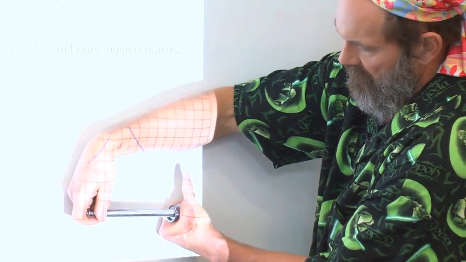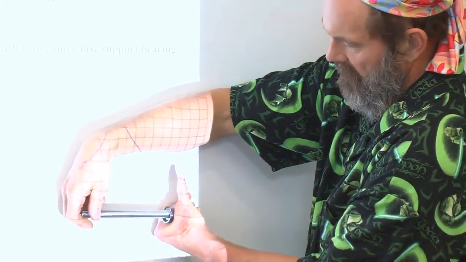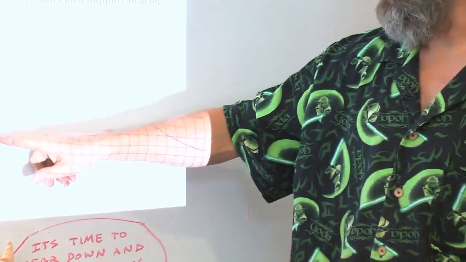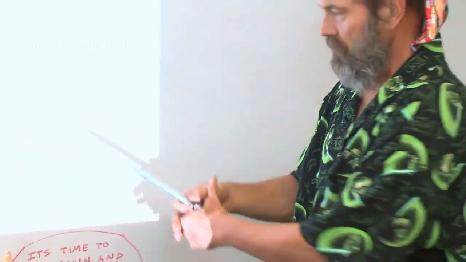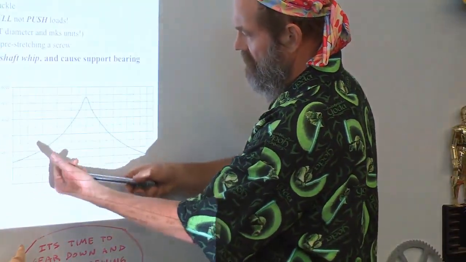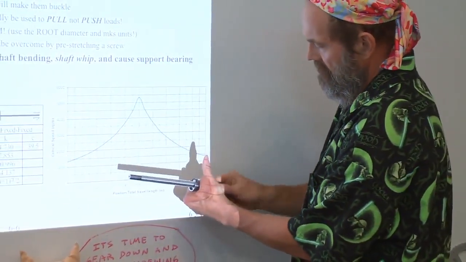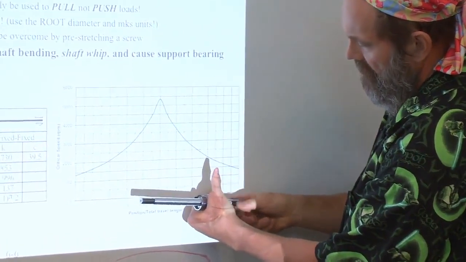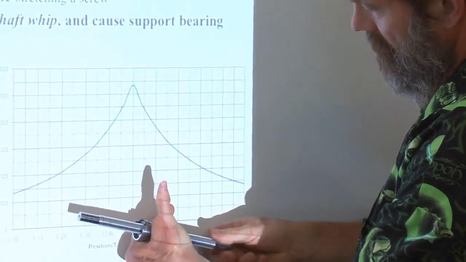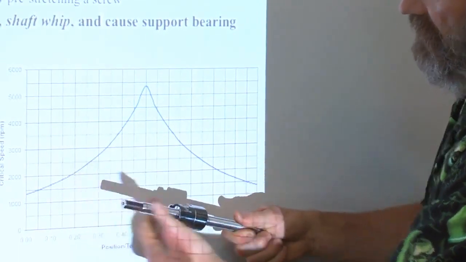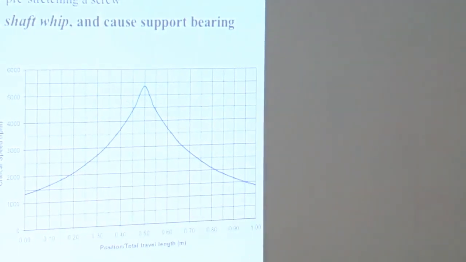Even though it's supported at both ends, if the shaft starts spinning at really high speed, the critical shaft speed is very low because the shaft could start going wobble, wobble, wobble. But every time the shaft turns, the nut moves.